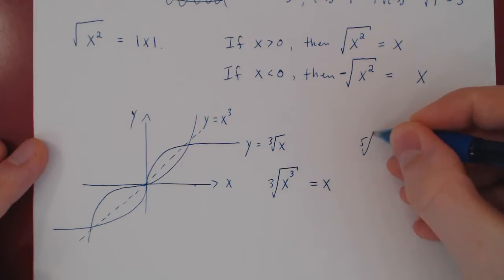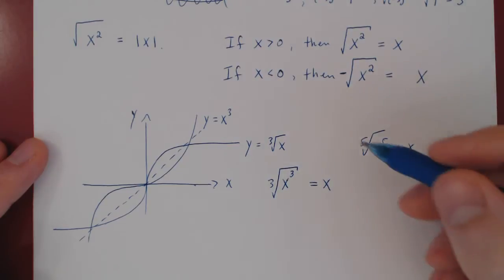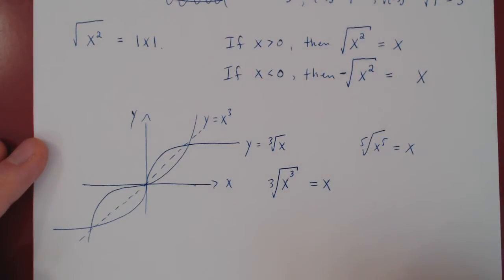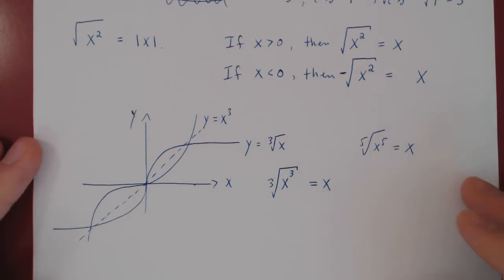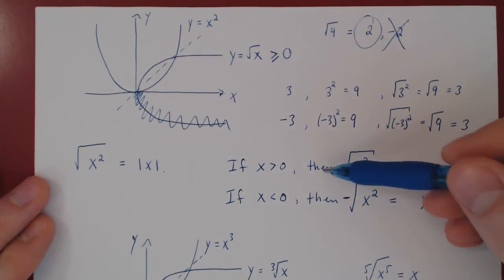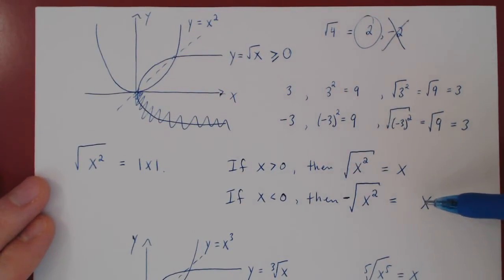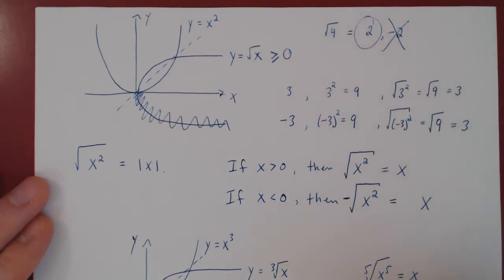The fifth root of x to the 5 is always going to be x, same for the seventh root, and so on. No problem when you have odd roots, 3, 5, 7, and so forth. When you have even roots, square root, fourth root, and so on, always be careful that when x is negative, you have to negate the root to have the equality.